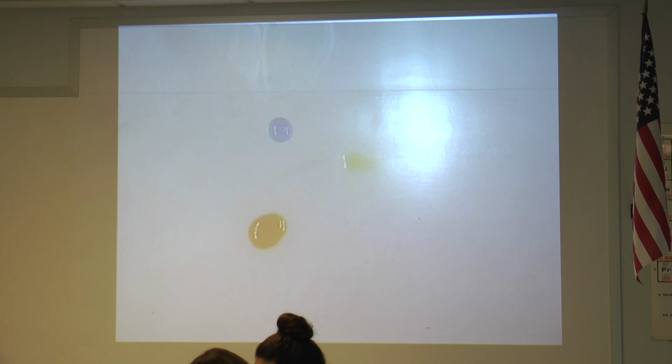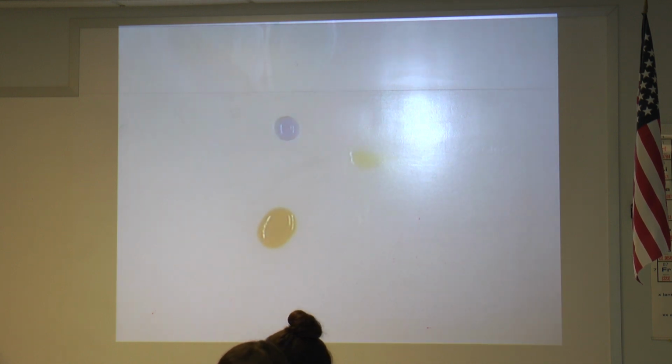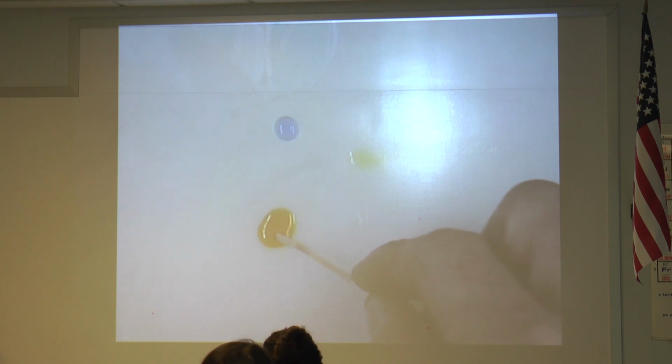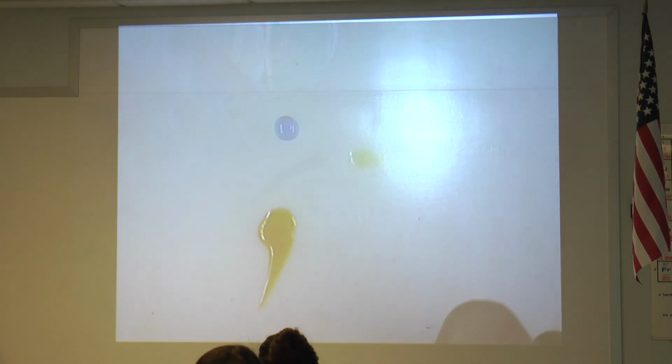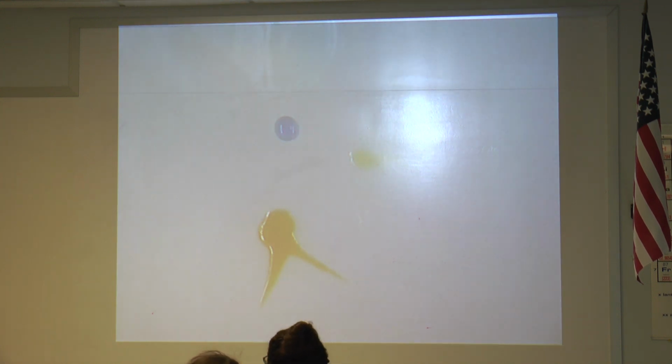Where we will see a big difference is trying to take this oil droplet for a walk around the world of wax. Let's see if we can do that. So I can't really attract it at all. All I'm doing here is smearing it out. I'm kind of untangling the molecules and stretching them out, but they're not dragging the ones behind them.